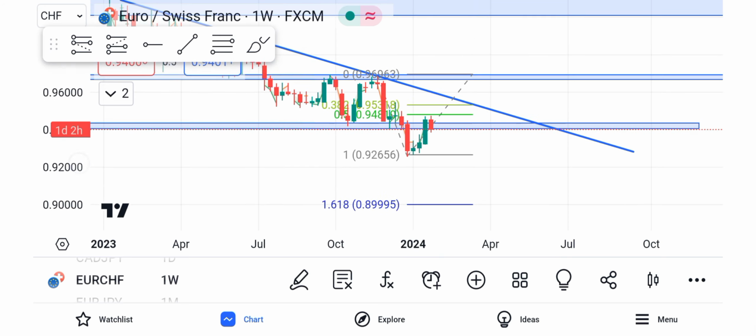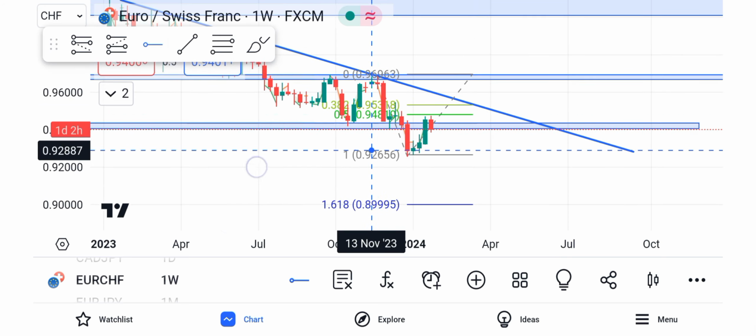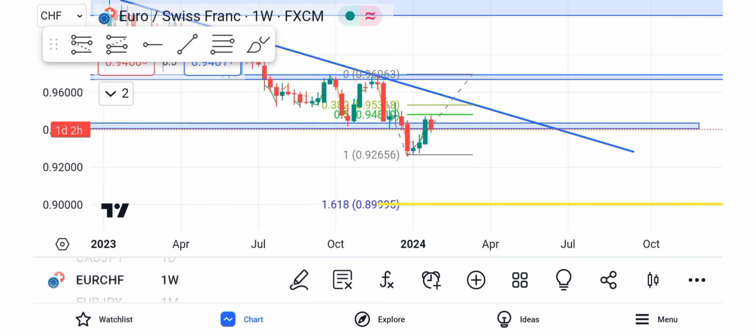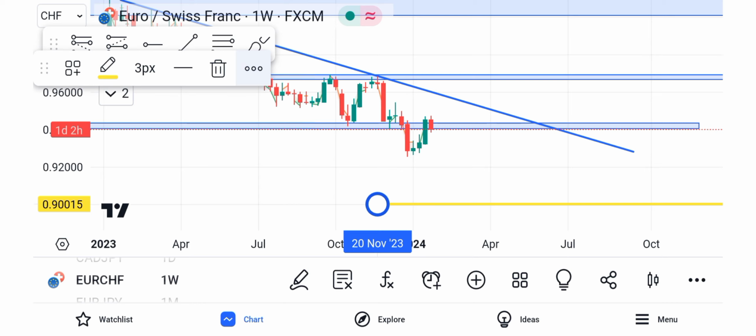So we could be looking at this level for a target. Nice. So if we are going to be selling off, we'll be looking at that level for a target, 0.89995, right?